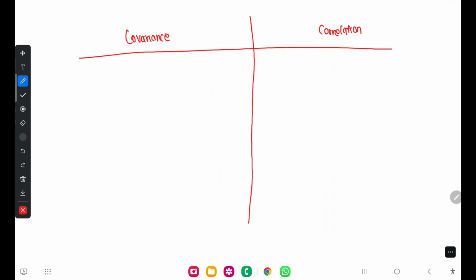Okay, so what we mean by covariance is where we measure the relationship between two numerical variables. The important thing to remember is that this always measures linear relationships. That means if it's a non-linear relationship, covariance will be 0.